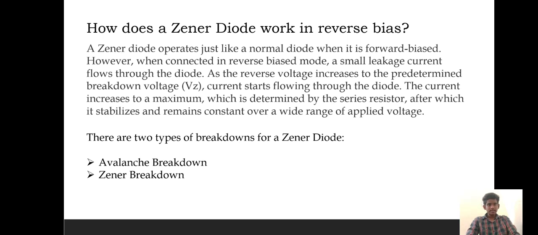The current increases to a maximum which is determined by the series resistor, after which it stabilizes and remains constant over a wide range of applied voltage. There are two types of breakdowns for a Zener diode: avalanche breakdown and Zener breakdown.